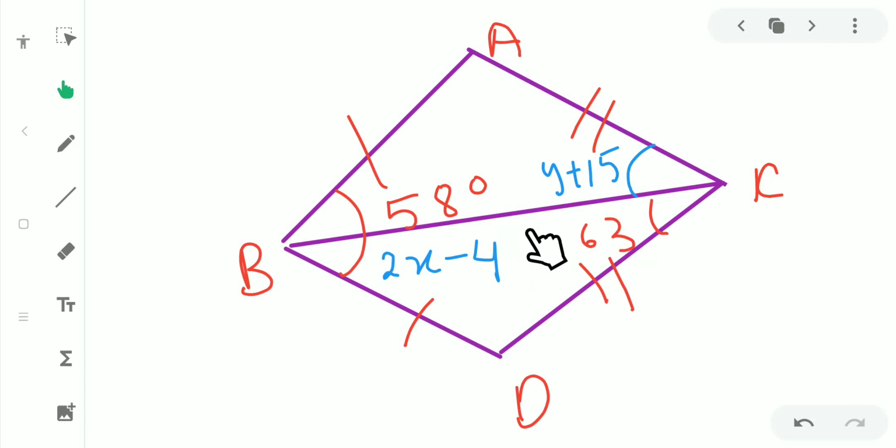So this angle plus this angle will be equal to this whole angle, that is nothing but 58 degree.